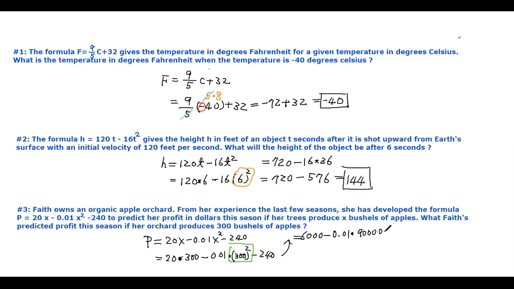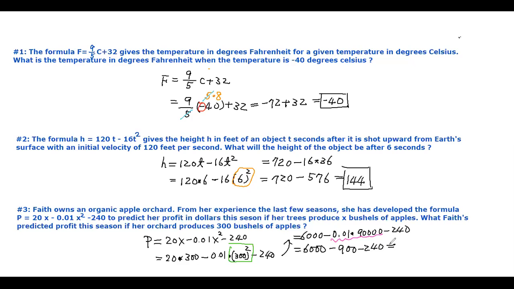And then minus 240 here. Okay, now in here you have the multiplications, right? So you need to do that before you do plus or minus. So this is 6,000 minus 0.01 times 90,000, which is minus 900, minus 240.